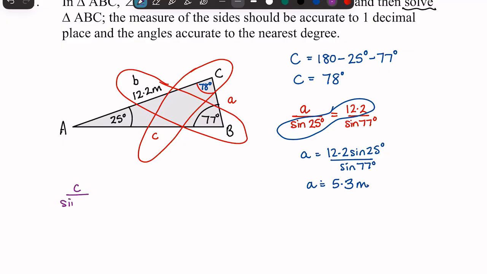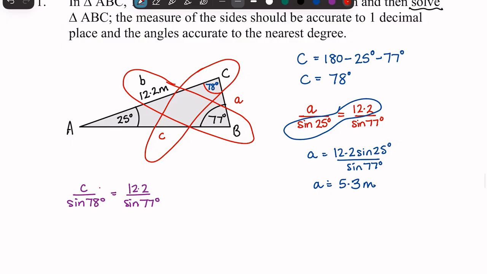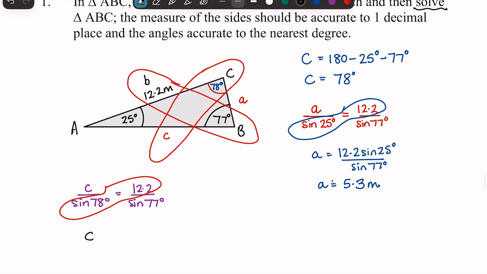Divide that by sine of big C, 78 degrees, equals little b of 12.2 divided by sine of big B, 77 degrees. Again, use a peanut method to multiply those two together, leaving you with c equals 12.2 times sine of 78 and divide by what's left over, which is sine of 77.